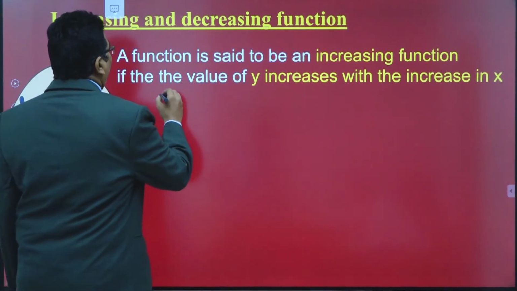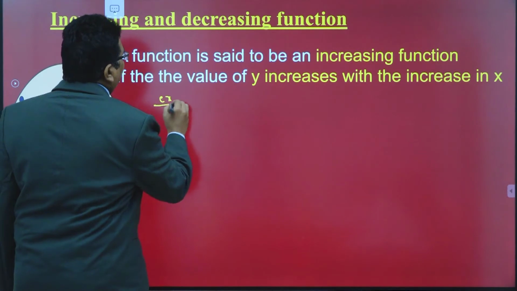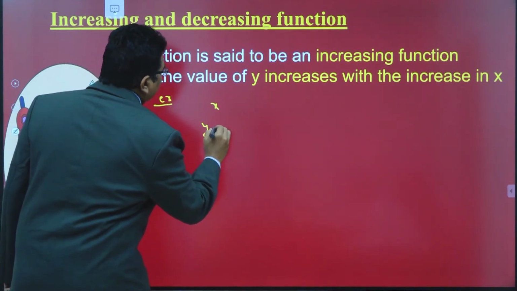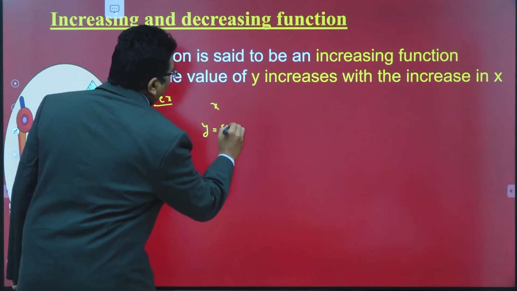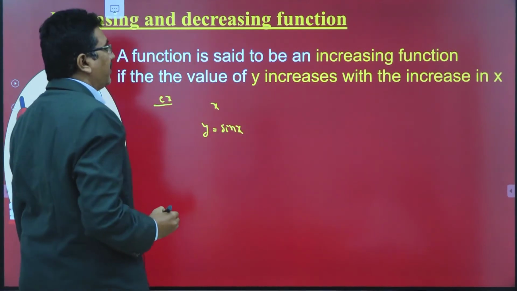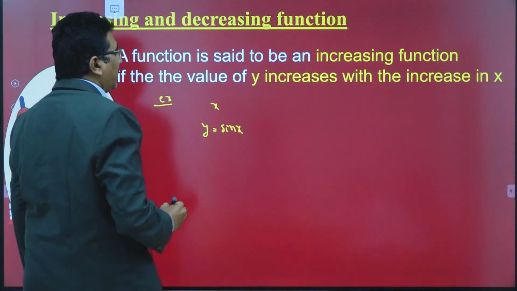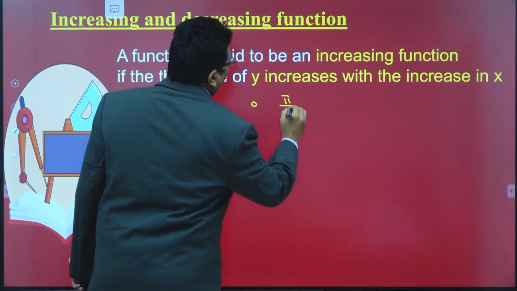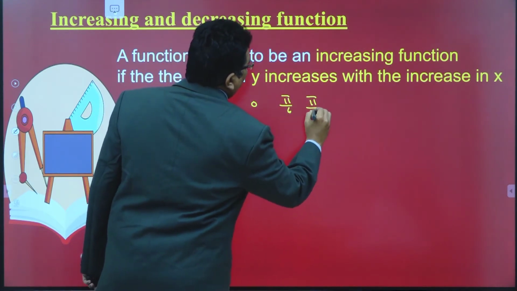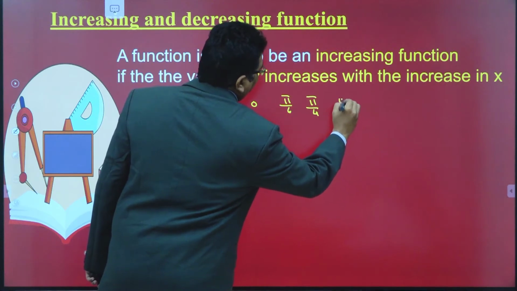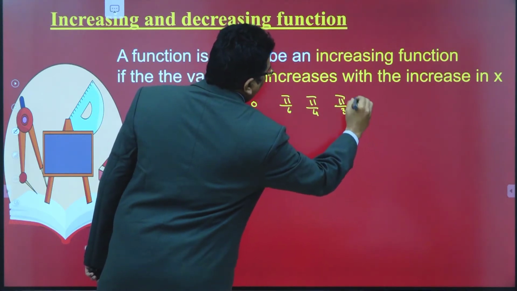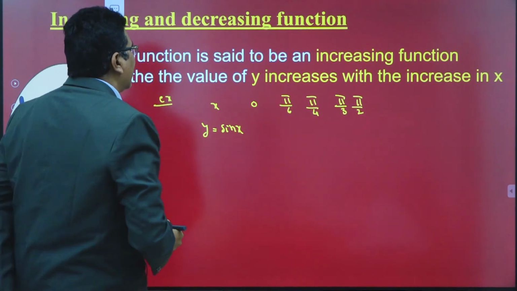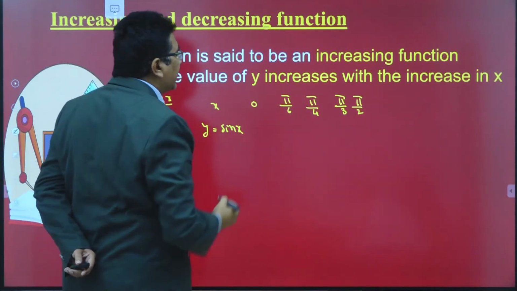See one example. This is x, this is y, y is equal to sin x. Right, the values of x: 0, pi by 6, pi by 4, pi by 3, pi by 2. Now the corresponding values of y. Here the values of x are in increasing order.